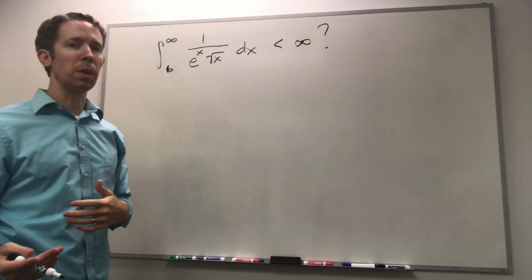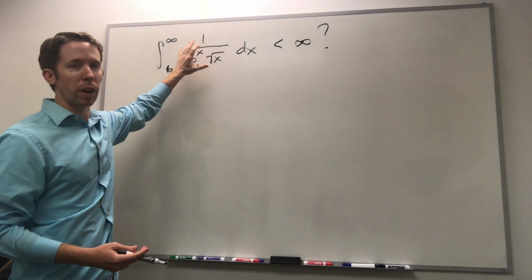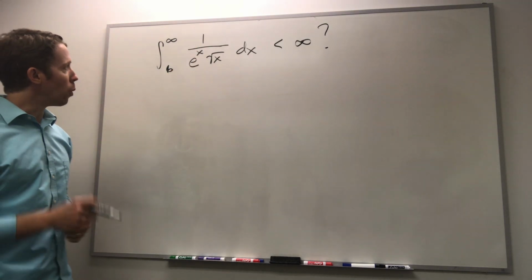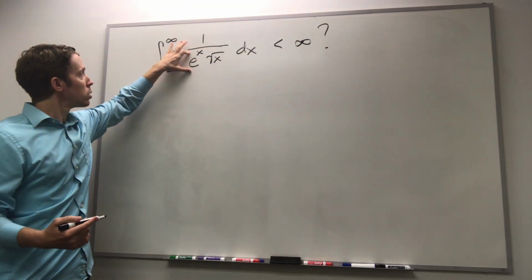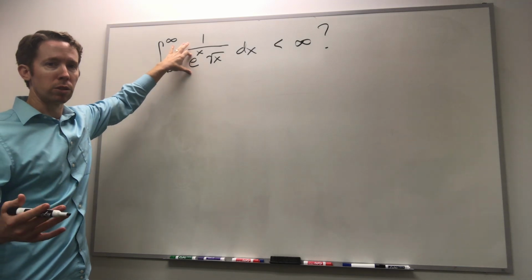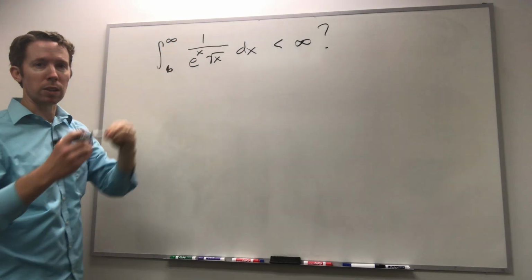Depending on what I expect, I may choose the function that I integrate differently. So what I think is that e to the x grows super fast. So if I was to integrate 1 over e to the x, that should converge, because this whole fraction should shrink down to 0 fast.